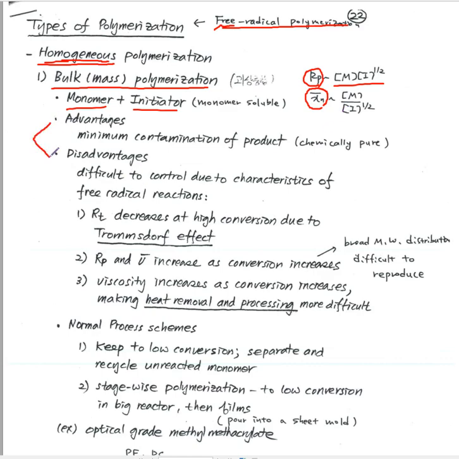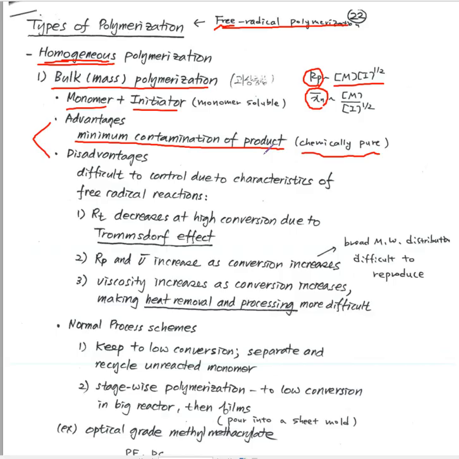So if you consider the advantages and disadvantages of bulk polymerization, since we only use monomer and initiator, basically there is no contamination. Okay, so we are using chemically pure monomers and initiators, so the product is of really high purity.